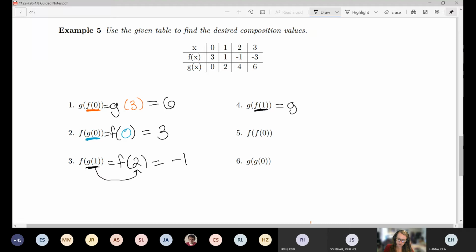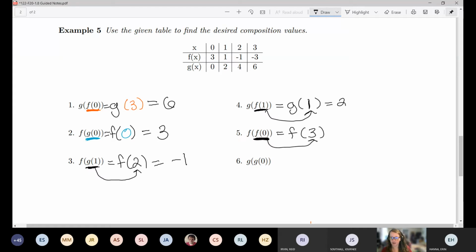F of 1 is coincidentally 1. G of 1 is 2. F of 0, we can replace with 3.